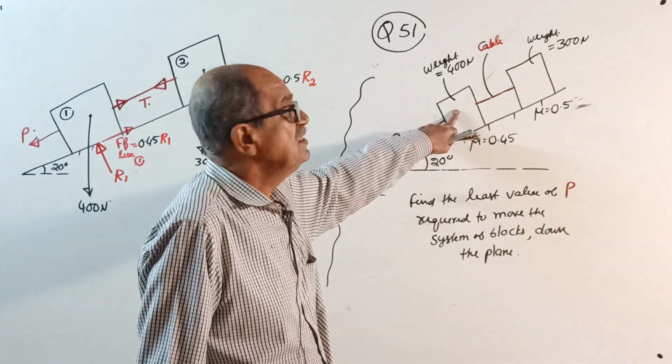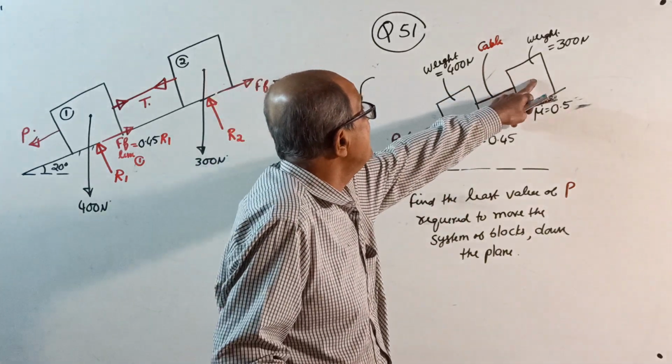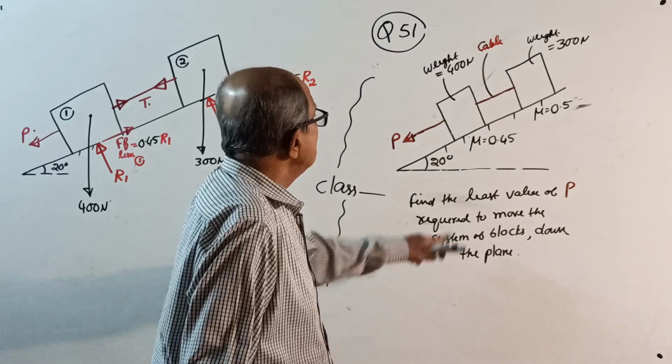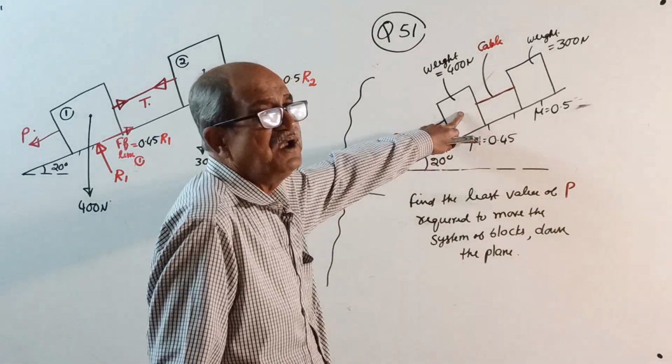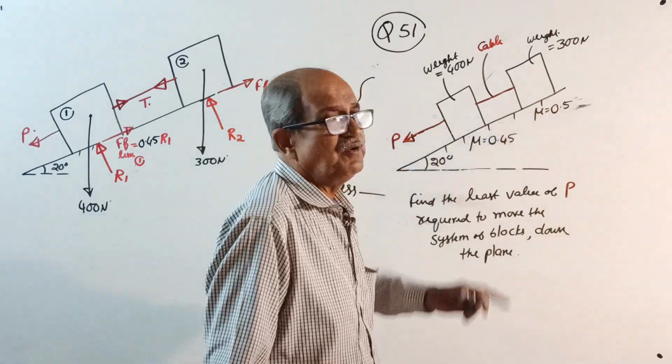The 400 Newton block is on the lower side, and the 300 Newton is on the upper side. They should say it. Then the coefficient of friction for the contact surface of the first block, the 400 Newton block, is 0.45, and for the second block is 0.5.